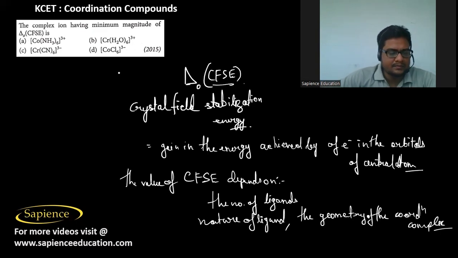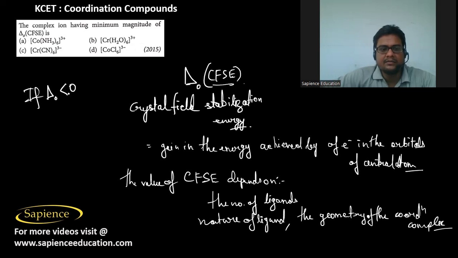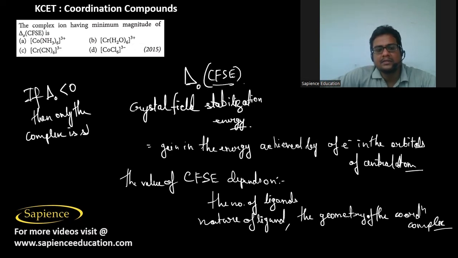So here, if the crystal field stabilization energy is negative, then only the complex will be a stable complex. Then only the complex is stable, else it is unstable.